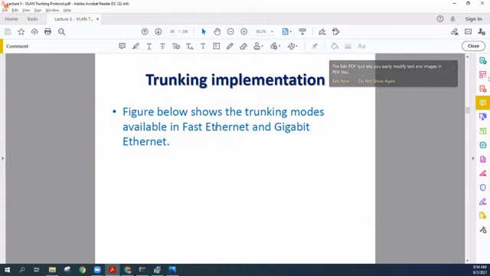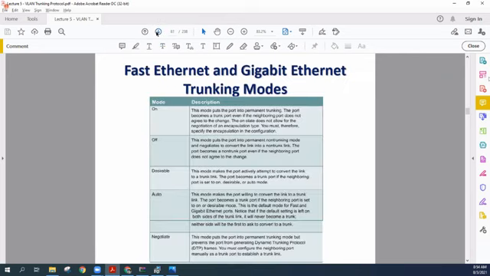The figure below shows the trunking modes available for Fast Ethernet and Gigabit Ethernet. This one is important. A trunk link has two ends. If two switches are connected, at my end and your end, how should the ends be configured? There are multiple modes: on, off, desirable, auto, and negotiate. Based on the modes at the two ends, things will be different.